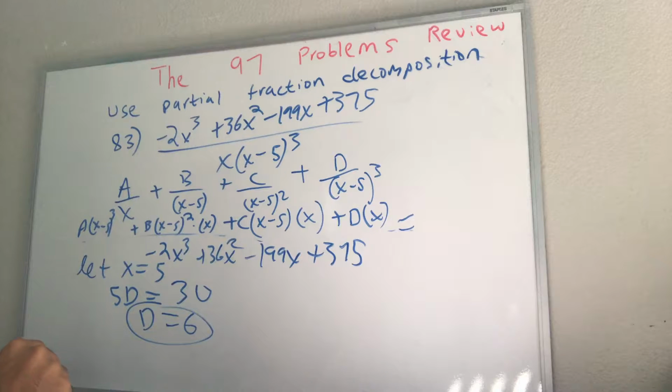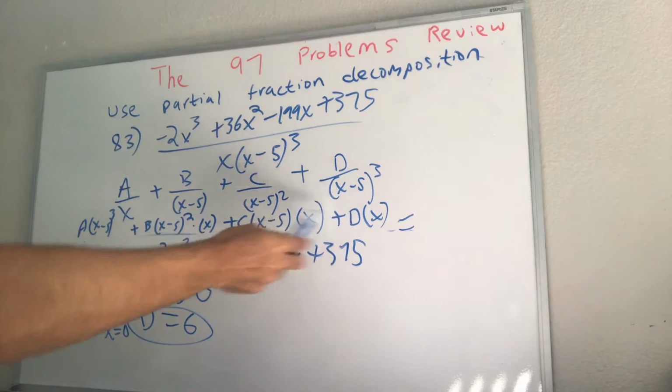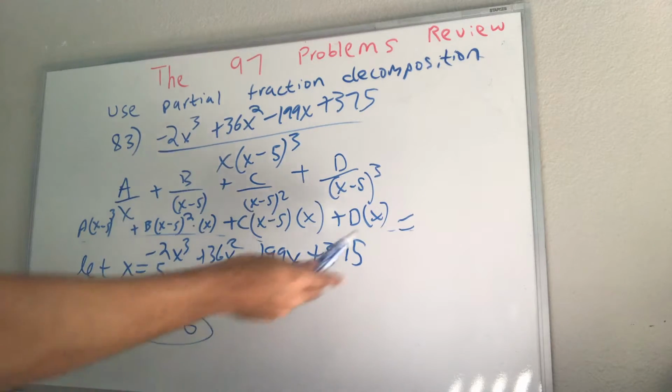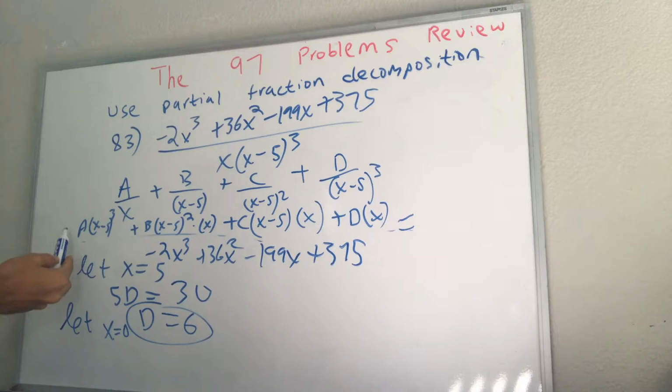Now we're looking at the A value, right? And so for the A value, we can say let x be equal to 0. I know that we can find the A value because I know that x here is in common in all these three terms, right? Dealing with B, C, and D. So when I say let x is equal to 0, all of these go away and we are left with A's. So we have negative 5 to the power of 3.